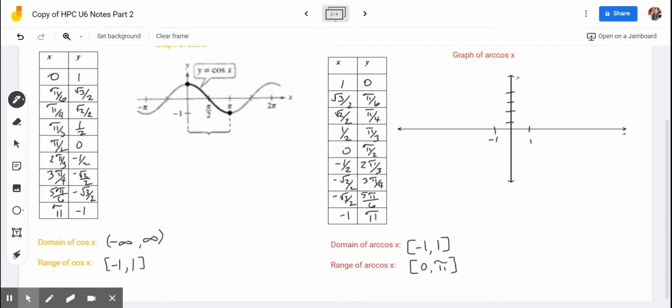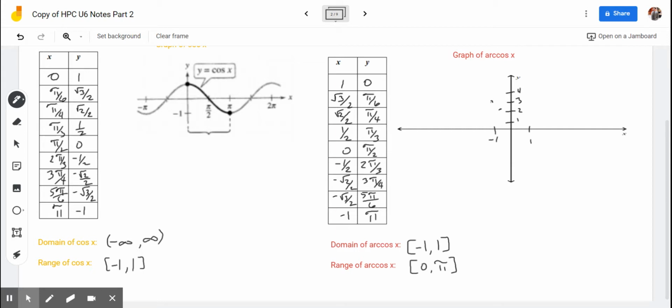At negative 1, we're at pi, which means it's a little bit above 3, so somewhere around here. Then negative a half, 2 pi over 3, is about 6 divided by 3, so it's a little bit more than 2.